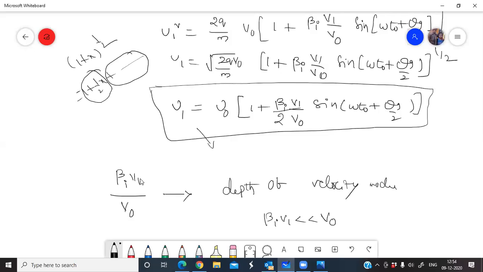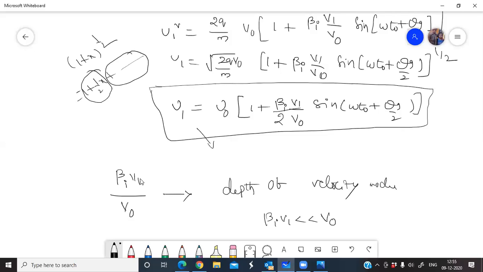Remember the condition also. How can you get this condition? With your knowledge only you can say the answer. Capital V naught is the DC voltage, always DC voltage, like a DC battery of 5 volts, 10 volts, 30 volts, 50 volts. V1 is the amplitude of the RF signal, and that is a lesser value. We already know that beta i is also less, so when you multiply those two, you get a smaller value.